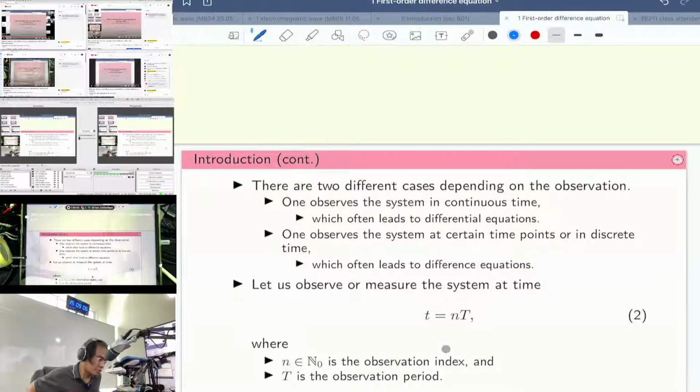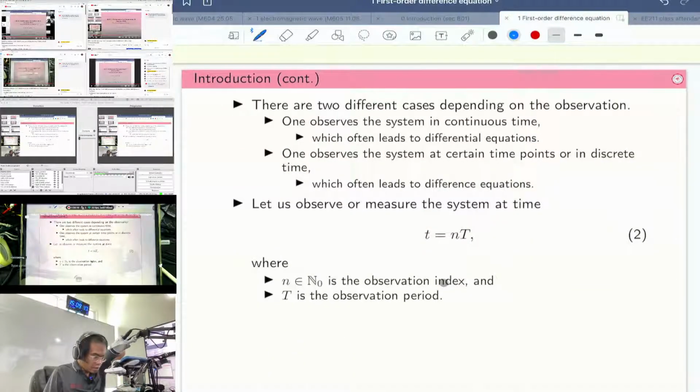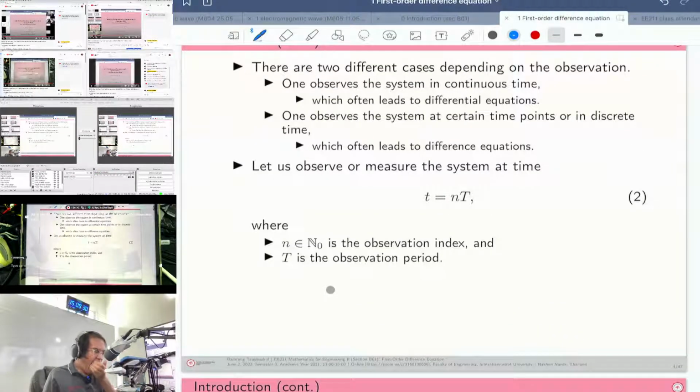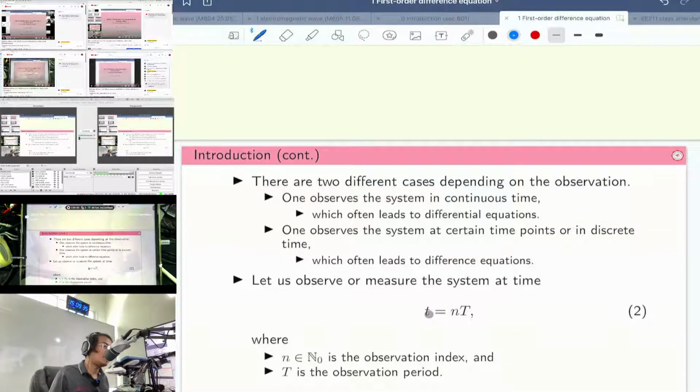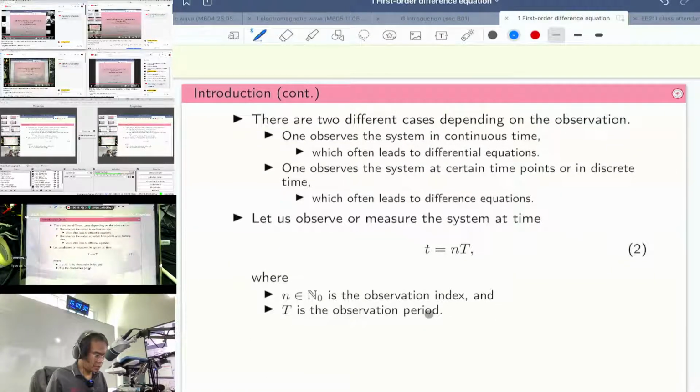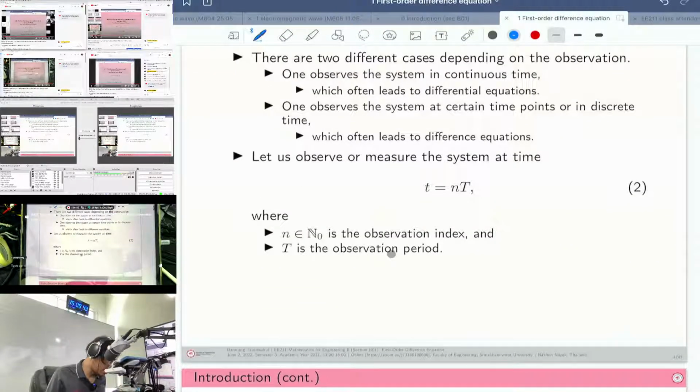Okay, T is the observation period. It might be difficult to imagine, but we have to, because next we are going to consider this in order to solve the equation. Okay, n is the observation index. It can also be 0, with subscript 0. What is the period? The period is the time once our observation repeats or remains at the same value.